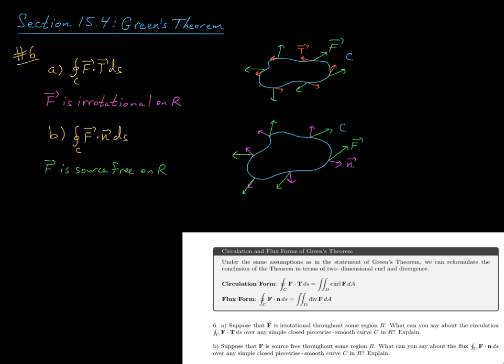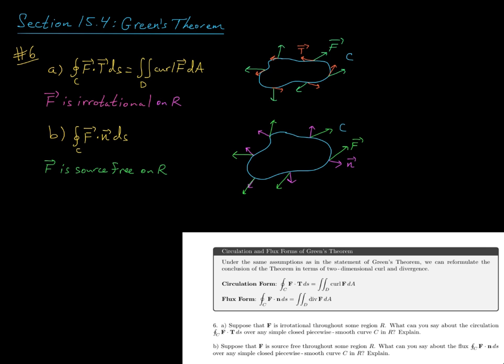C in that region, and I want to measure the circulation of the vector field across this curve C, then from the last video, I know that this circulation is equal to the double integral over the region D that's enclosed by this path C of the curl of our vector field.